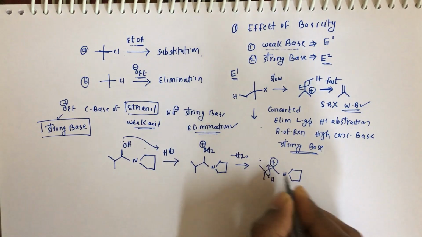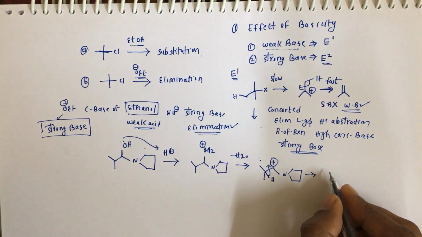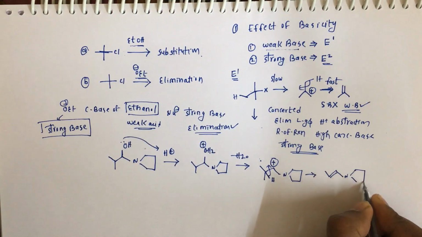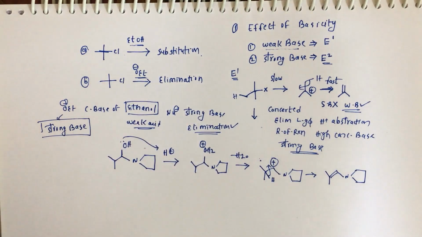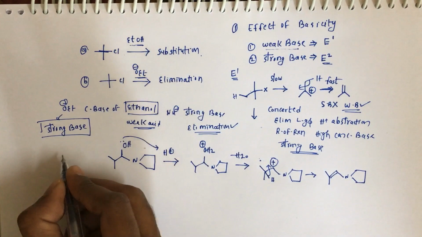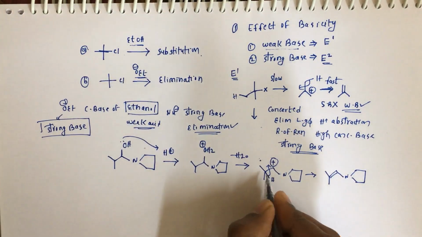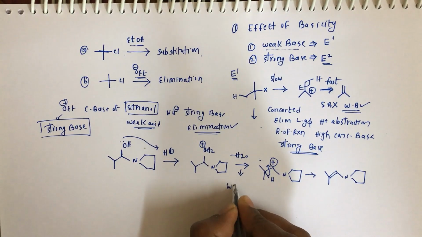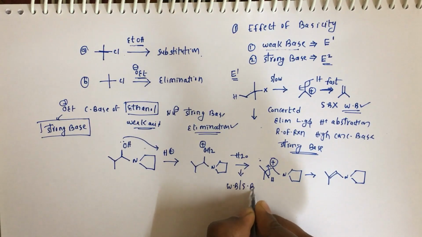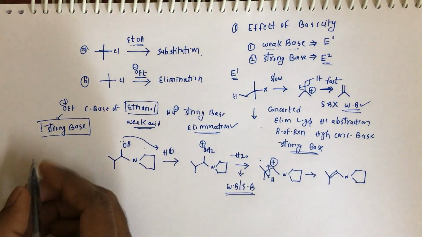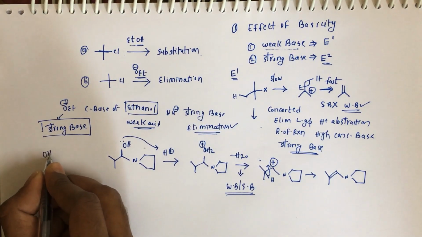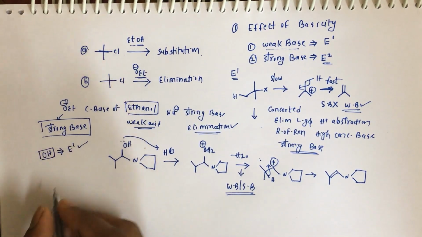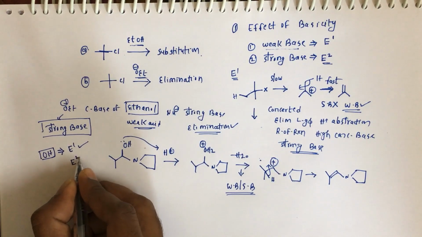This hydrogen goes like this, meaning in the presence of base the abstraction of hydrogen takes place. This is the final product, and the question is whether in this step a weak base or strong base is required. Just remember, compounds containing a hydroxyl group undergo reaction only through the E1 mechanism. They will not undergo reaction through the E2 mechanism.